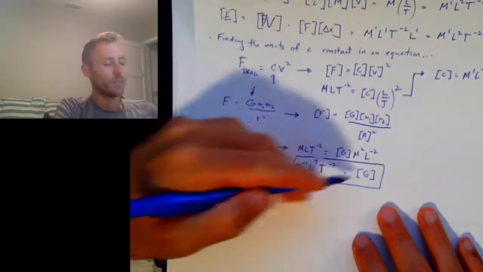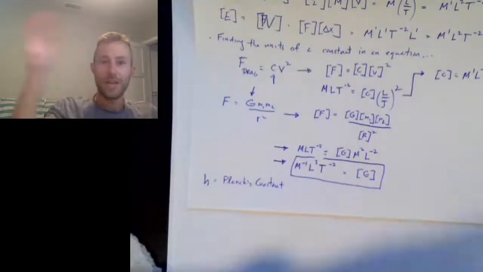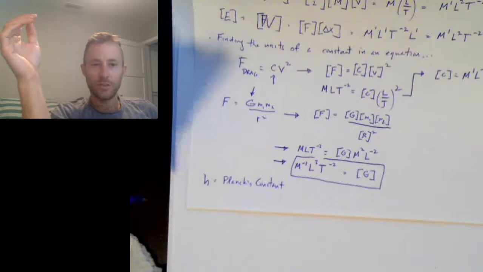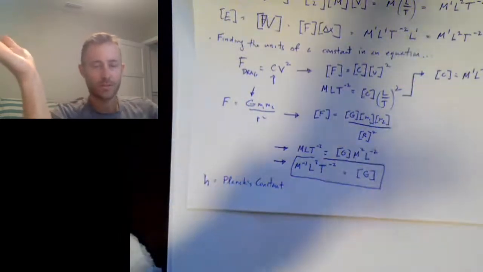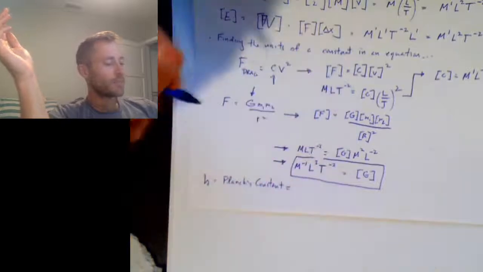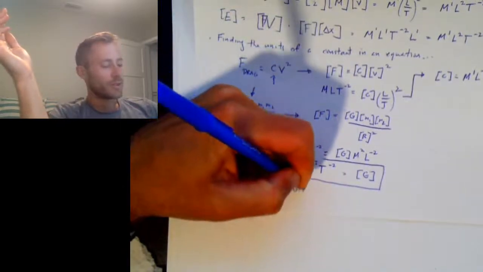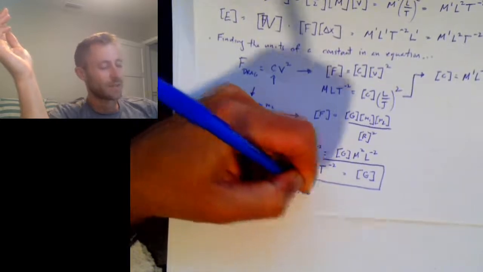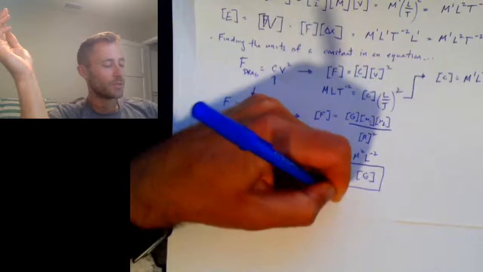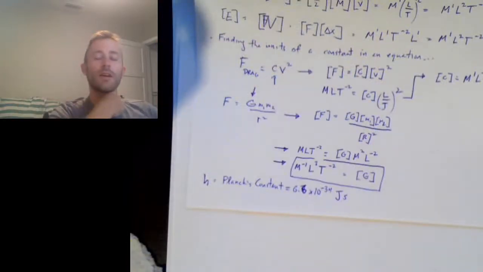Big G is like the main gravity constant in the universe, and h is the main quantum mechanics constant in the universe. Its value is 6.6 times 10 to the minus 34 joule seconds. Okay.